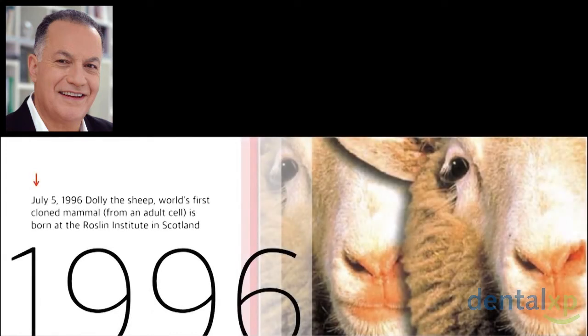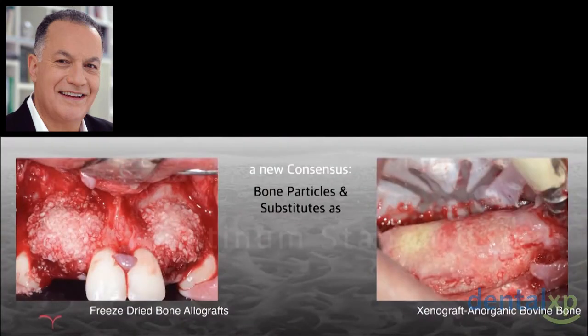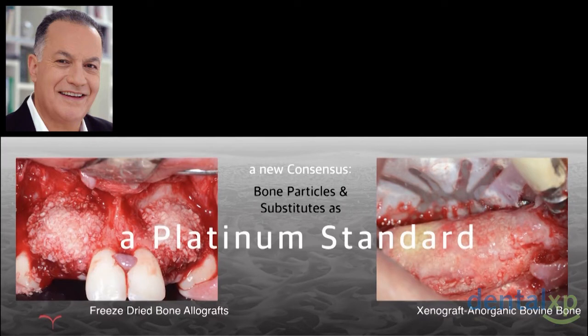We are in '96, and this year we heard about Dolly the sheep, the world's first cloned mammal, born in Scotland. It was a revolution too. But at this time, we have another evolution in our profession.